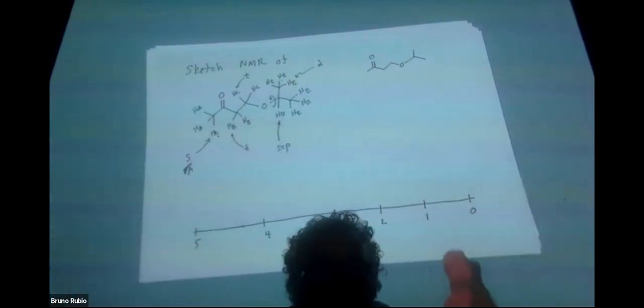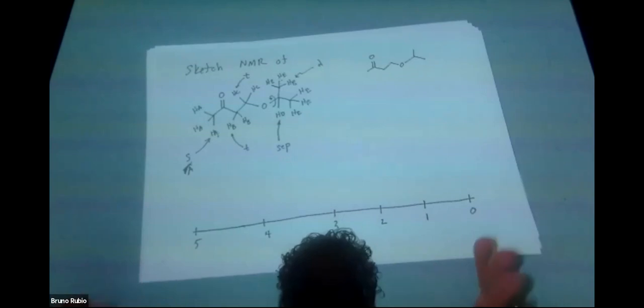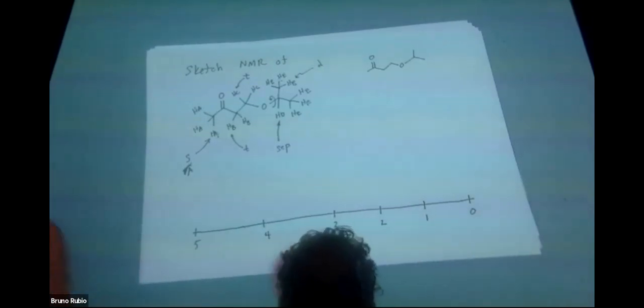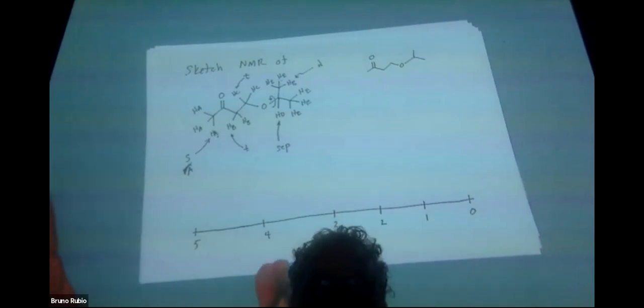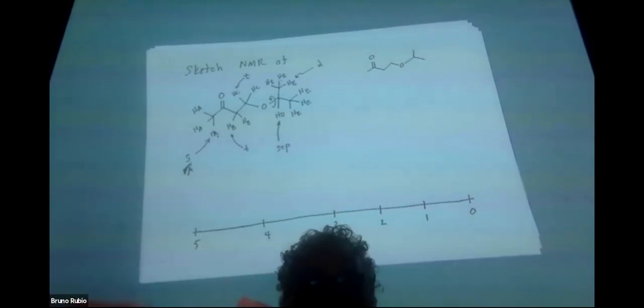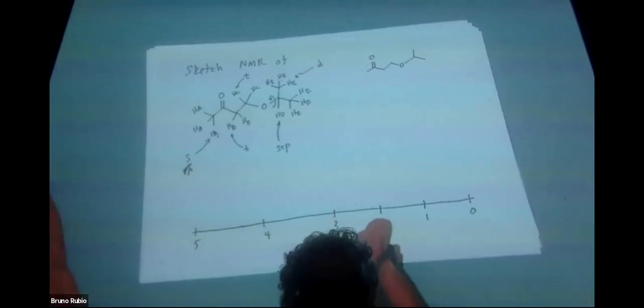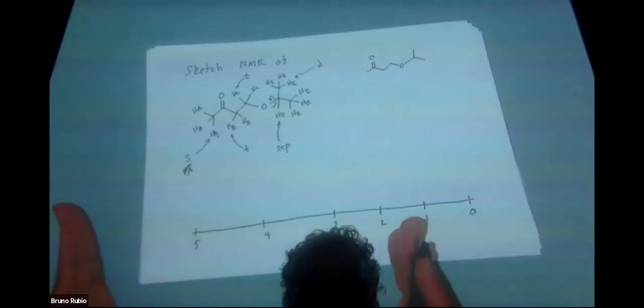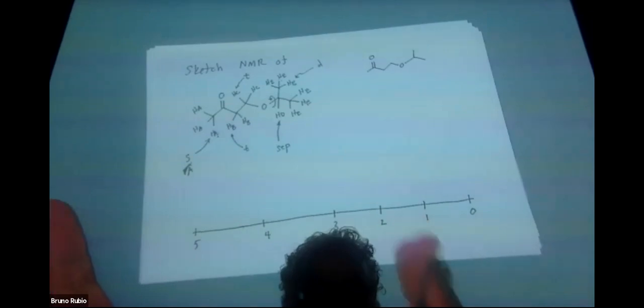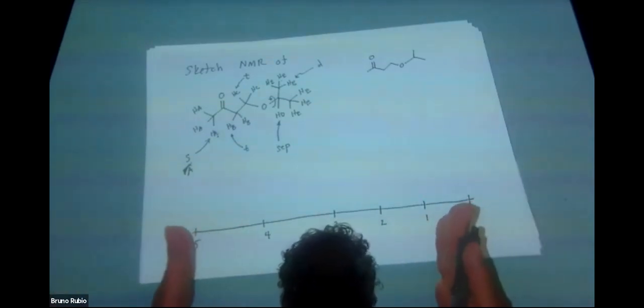And remember when we were talking about the trends in the NMR chemical shift, we said it's not just electronegativity, it's also how close is the observed proton to a pi bond. So the HE are farthest away from electronegative atoms and farthest away from the multiple bond.